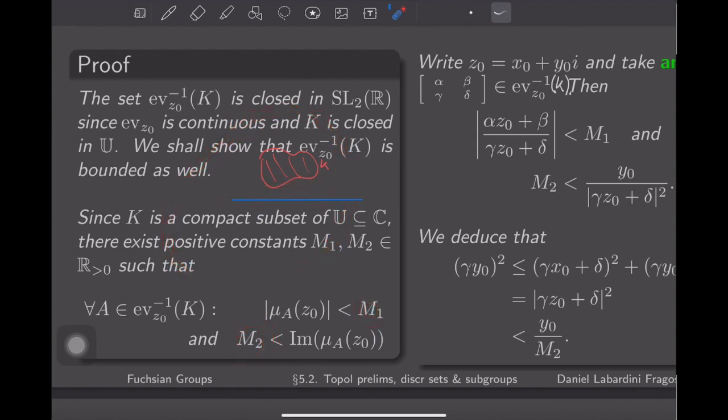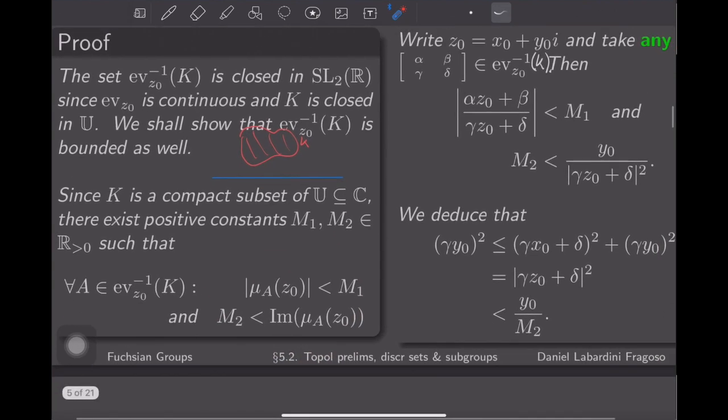So that means that whenever I take anything in its pre-image, when I apply the function, of course I land in K, so the evaluation satisfies these two inequalities. And this is just by compactness of K, right?